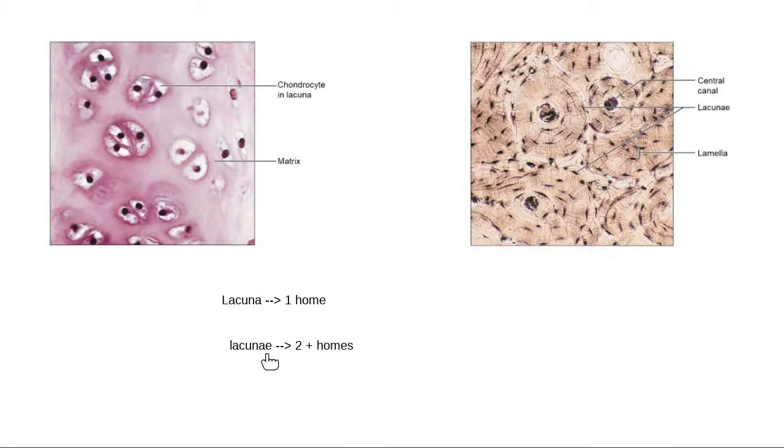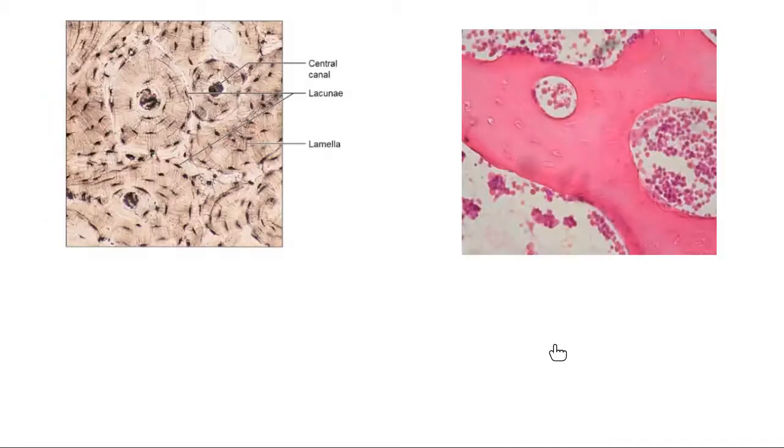Okay, question in the chat is if spongy bone has lacuna or not. I'm gonna put that to the class. What do we think? Spongy bone, do we have lacuna here? Yeah, we actually do. Remember we were saying that lacuna is just a home. It's just an open space where there's not, in this case, calcium and collagen.